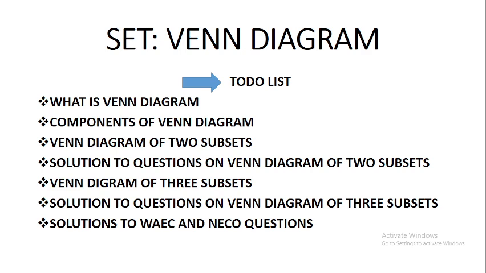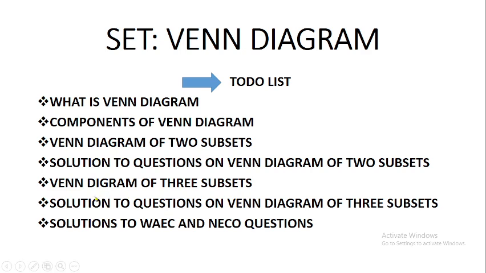Questions from WAEC past questions, and questions from different materials and different textbooks. We have combined them together, and we are going to be solving them together step by step, and I believe you are going to understand them if you follow up.